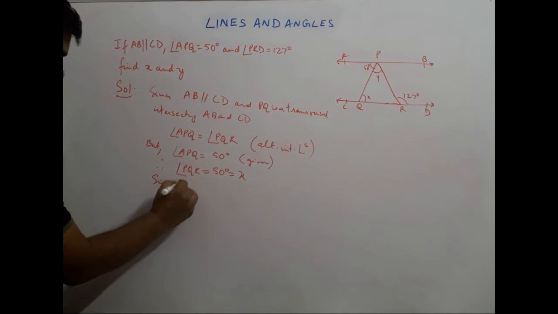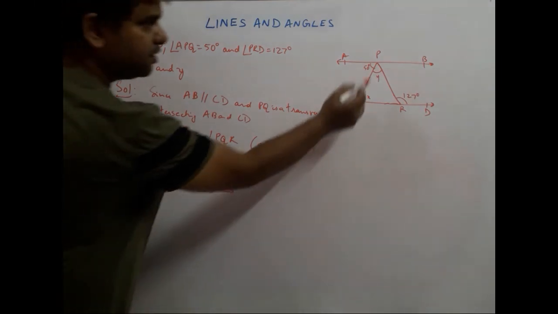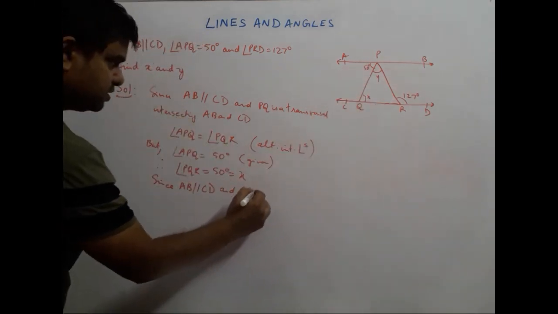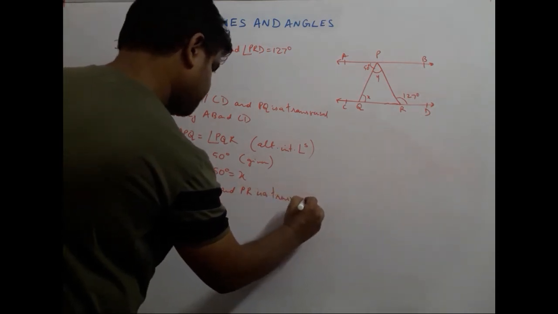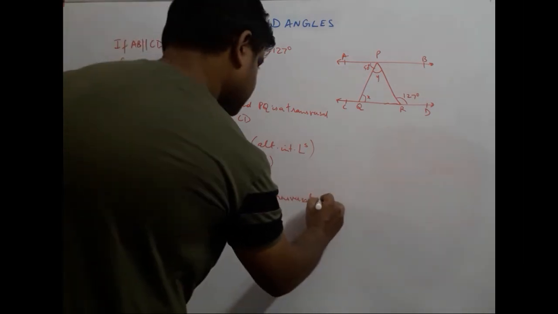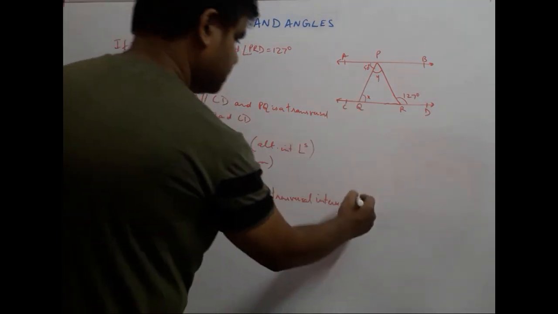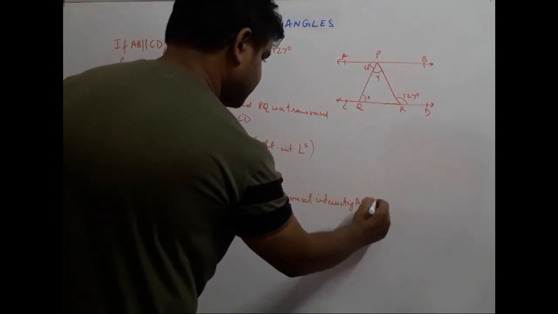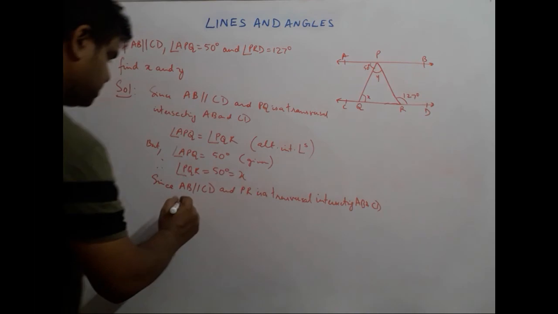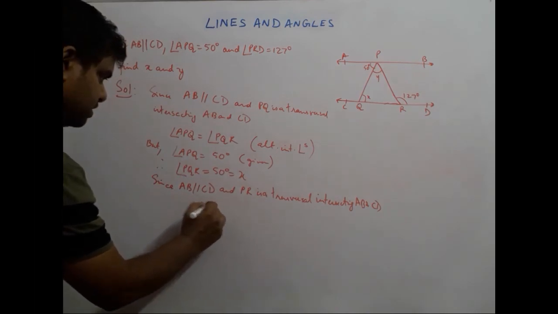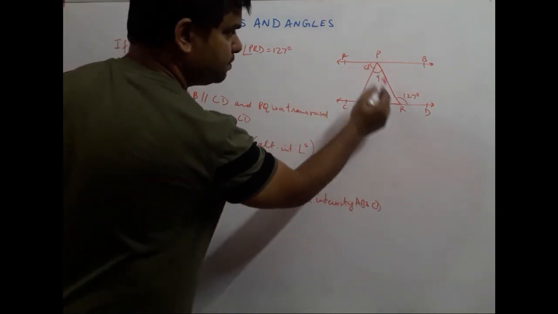Since AB is parallel to CD, and this time we take PR as the transversal intersecting AB and CD, we can say that angle APR is equal to angle PRD.